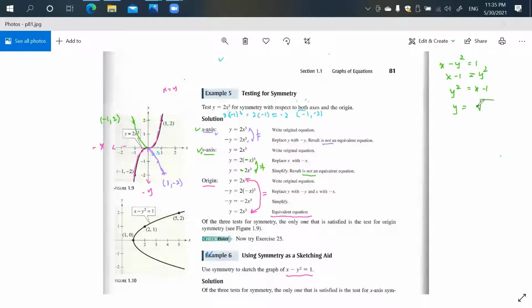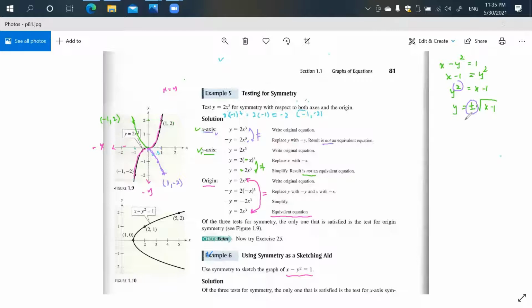You can take the square root, correct? It becomes the square root of x minus 1. And then because it's an even power, don't forget we must have plus and minus, correct? This one is really important. You must have plus and minus because the index here is an even number.